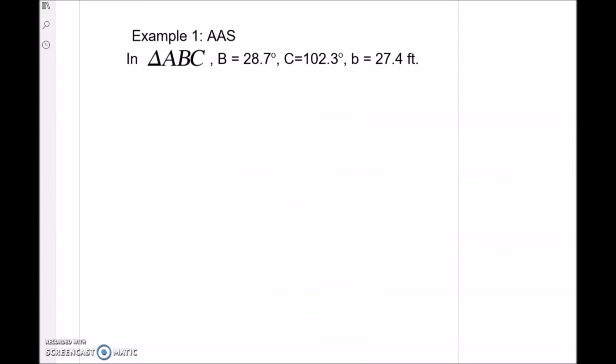Okay, so example 1, triangle ABC. We're given angle B is 28.7 degrees, angle C is 102.3 degrees, and side b is 27.4. Let's go ahead and draw our triangle and label it.